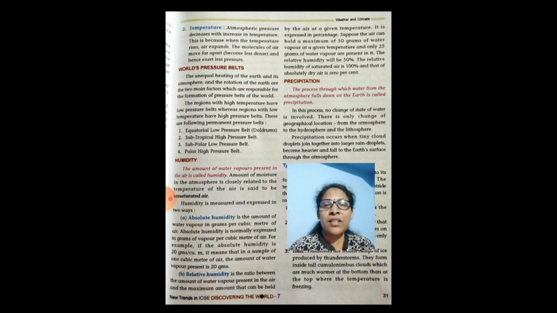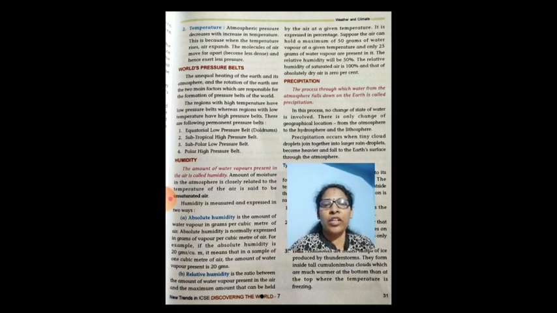Because of this, the unequal heating of the earth and the atmosphere together with the rotation of the earth are the two main factors responsible for the formation of these pressure belts of the world. The region which has high temperature will have low pressure belts, whereas the region with low temperature will have high pressure belts.